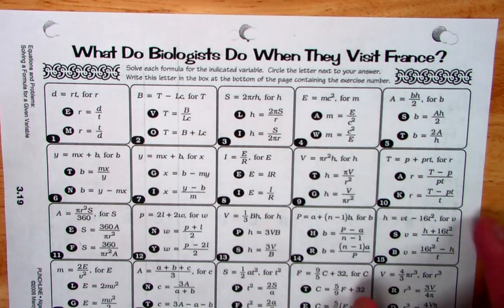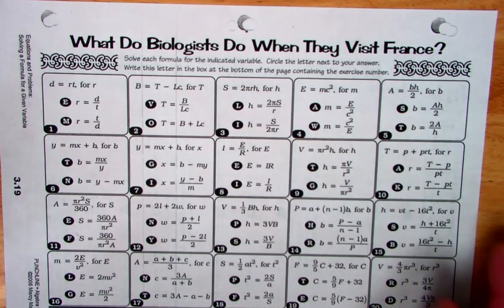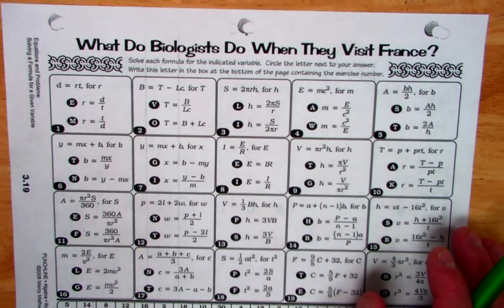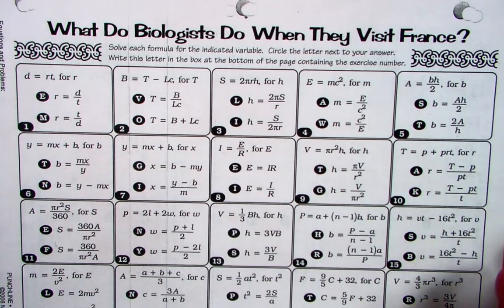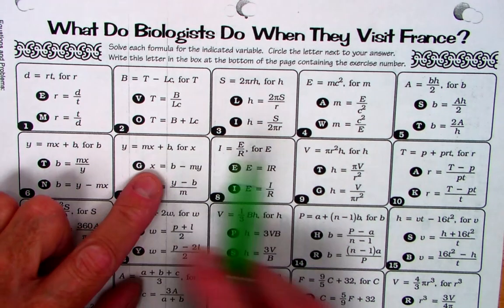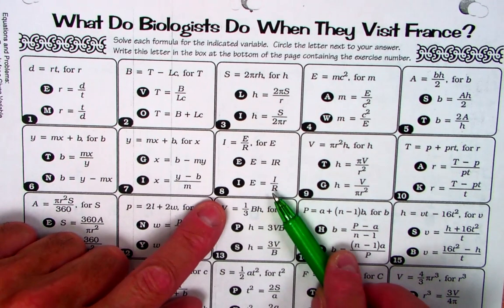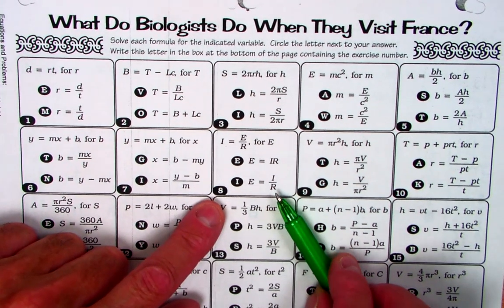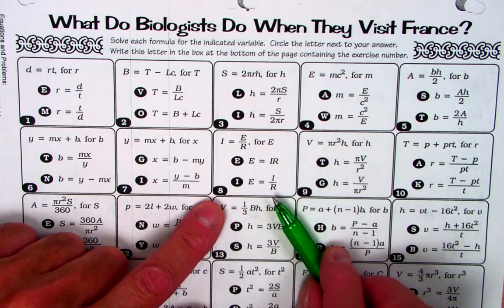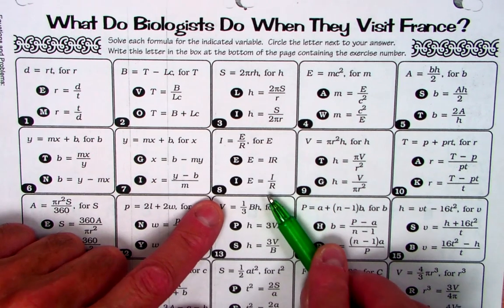Okay. So here's the deal on these. All of these are formulas that you might see somewhere in your math classes, your business classes, or your science classes. For example, number 8 is dealing with electricity. I don't know if any of you are in the shop class right now, wiring outlets and stuff, but this is something they may be doing.